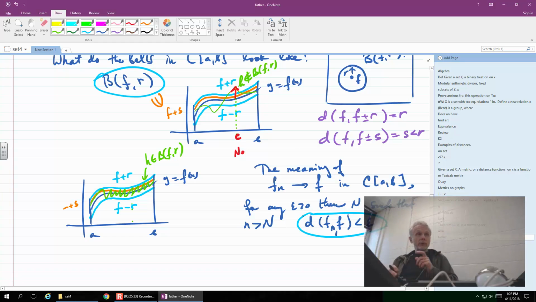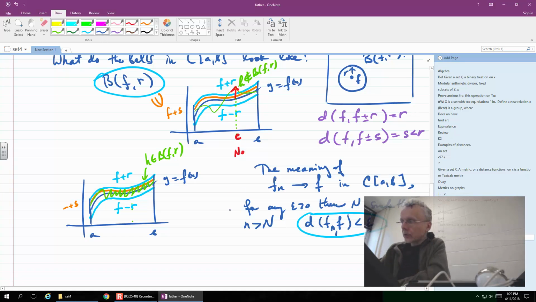There is a convergence of the sequence f_n to f when, no matter how narrow a tube we build around f, the elements of that sequence will remain within that. Sooner or later, they will end up within that band. So that's what the convergence means. That's one interpretation.